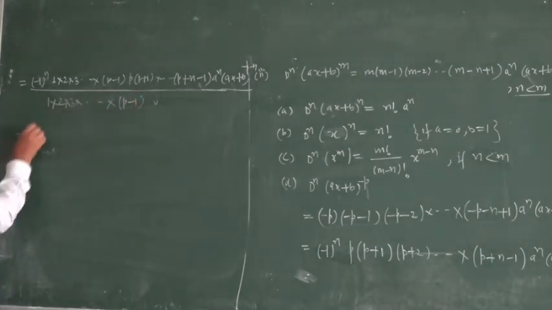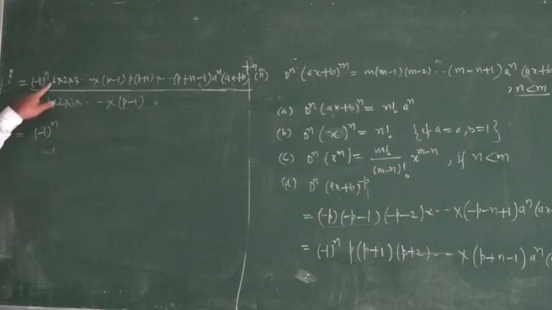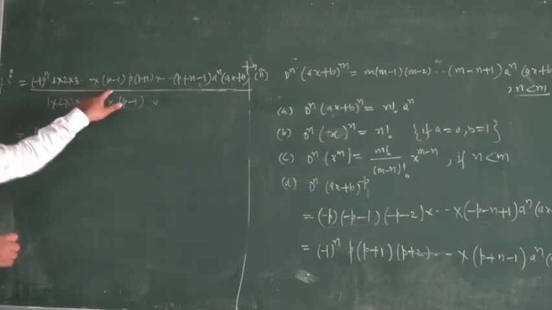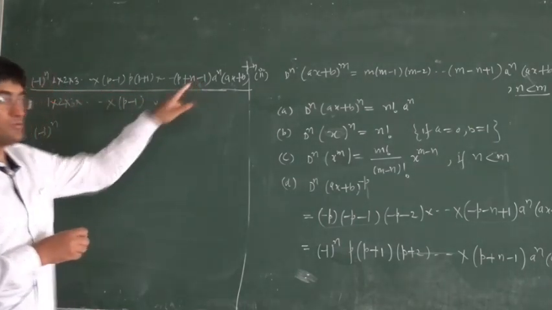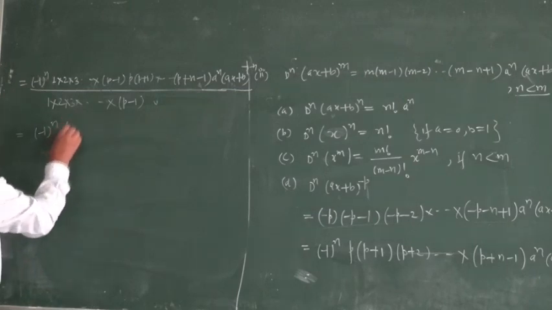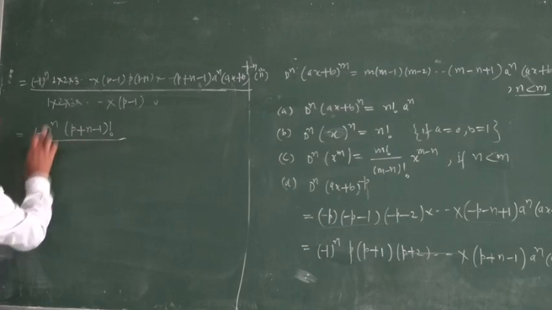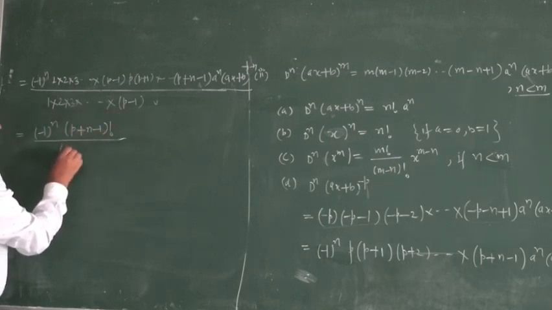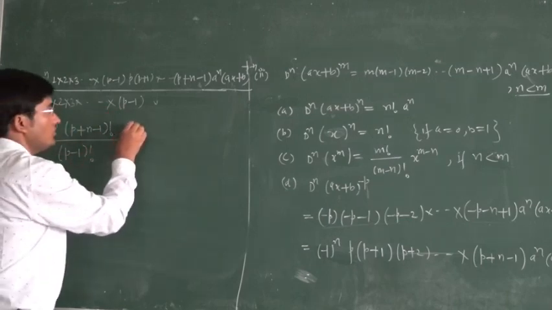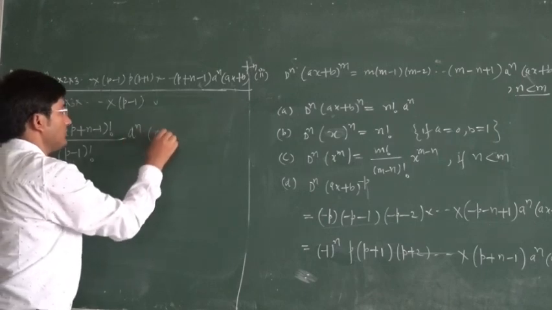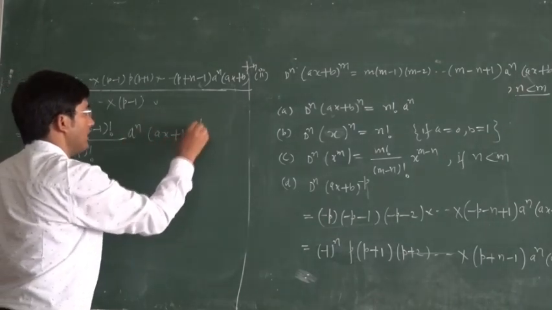So this is equal to minus 1 power n. Now here you can see that this is 1, 2, 3, dot dot dot, p plus n minus 1. So this will be factorial (p plus n minus 1) divided by factorial (p minus 1) into a power n into (ax plus b) power (minus p minus n).